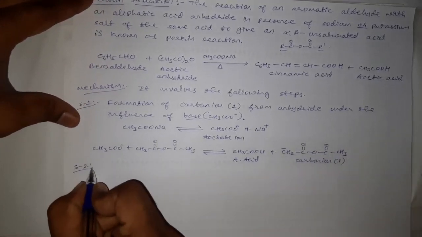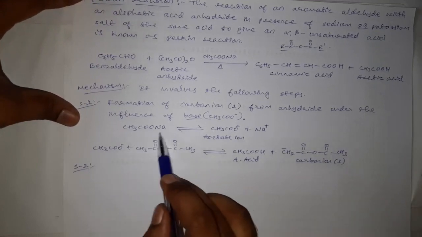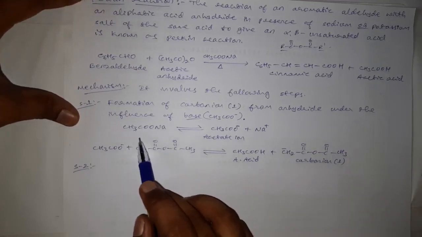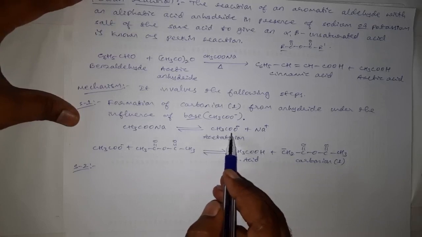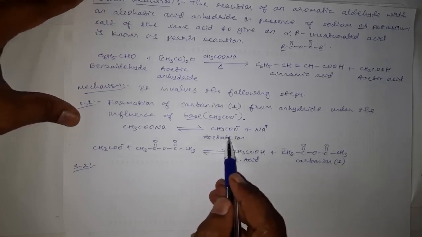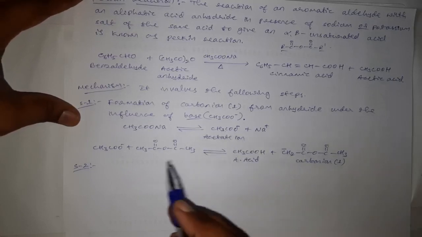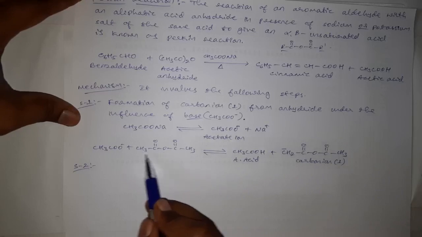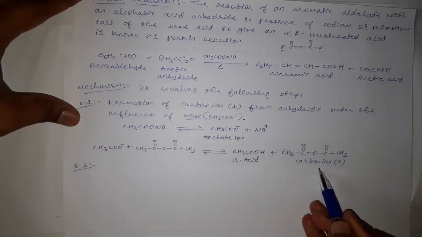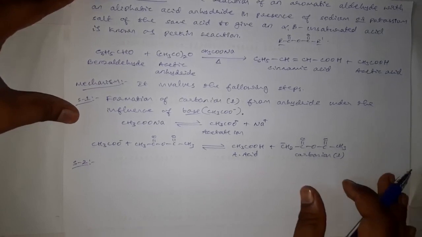See what happens in the first step. First, this sodium salt of an acid undergoes self-dissociation to form a base, that is acetate ion, and this base will now abstract a proton from the acid anhydride to form the carbanion. This is step number 1.